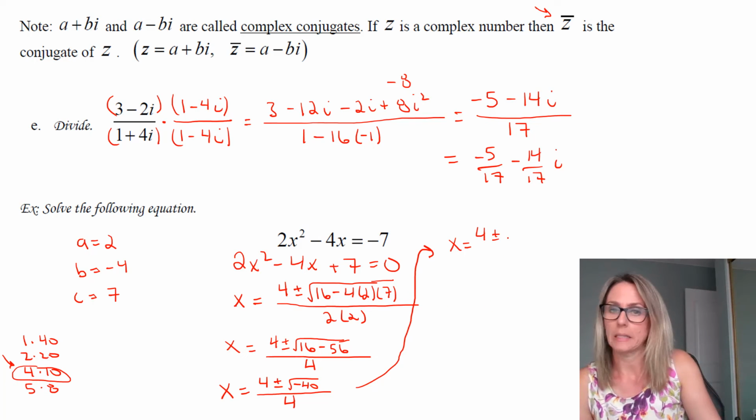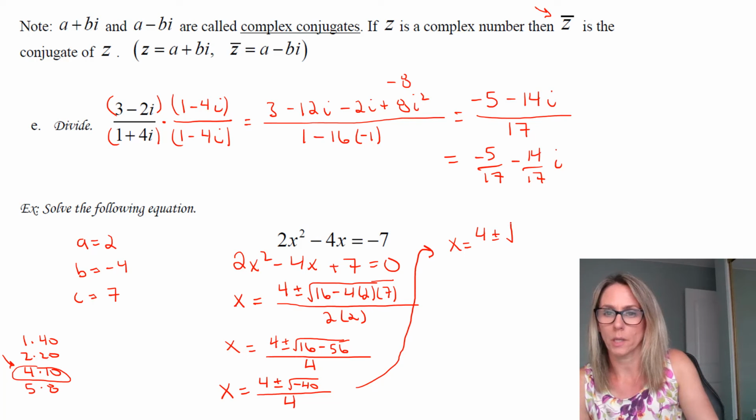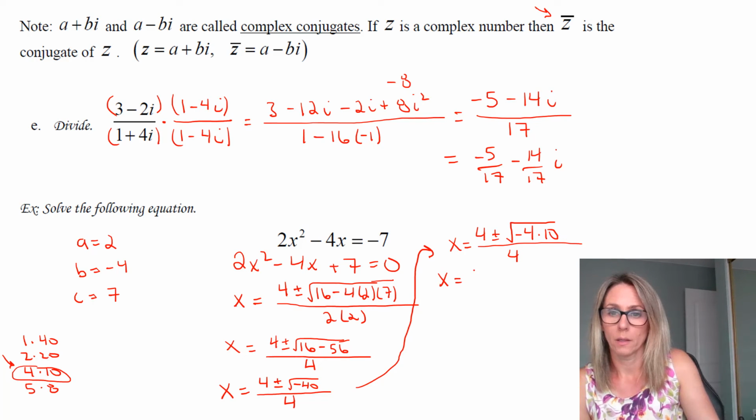So what I want to understand is I'm going to take the square root of a -4, and then I'm going to leave my 10 inside because it is not a perfect square. Then I'm going to take the square root of that -4 to give me 2i square root of 10.